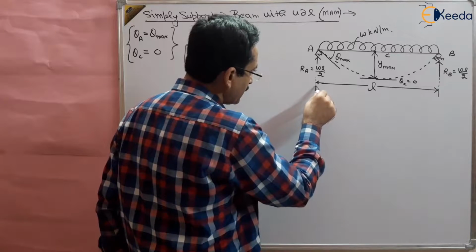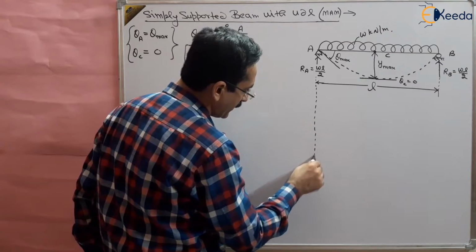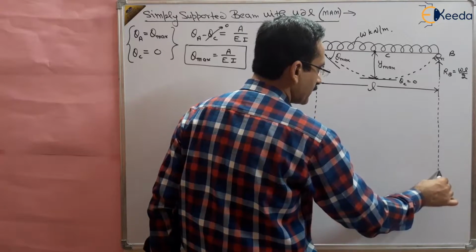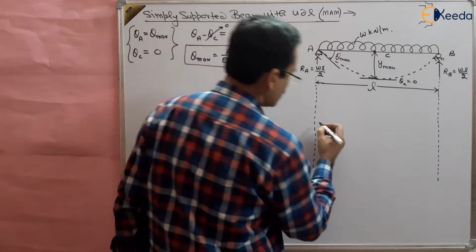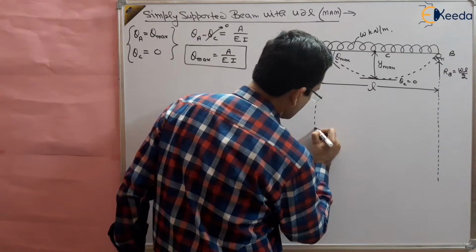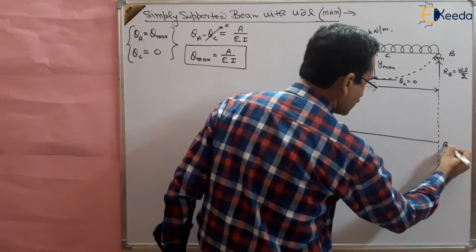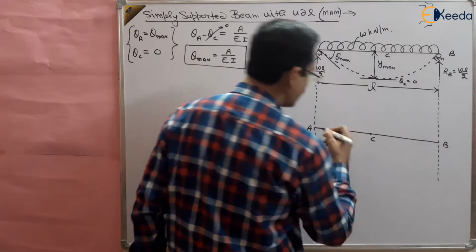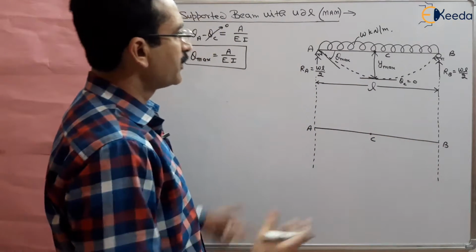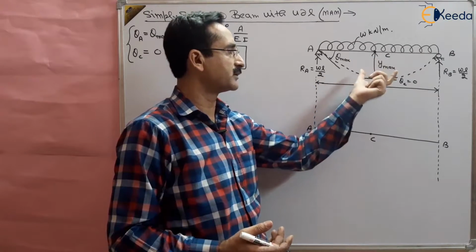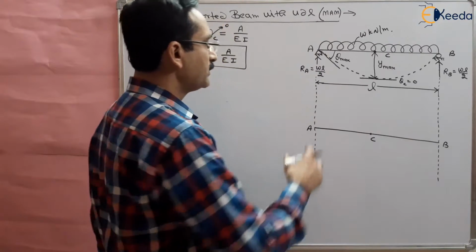Now let us draw the bending moment diagram for this beam. Suppose this is the beam A, B, and C is the center, and we have to draw the bending moment diagram. We already know, from the shear force and bending moment diagram chapter, that it will be a parabolic curve.